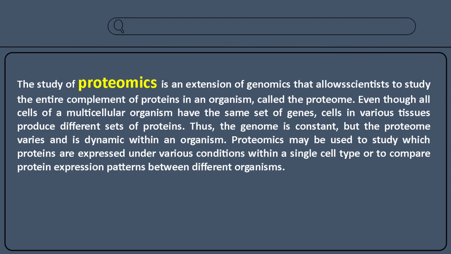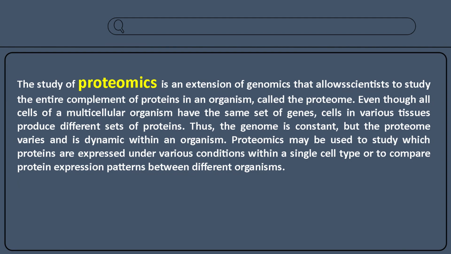It is called proteomics because it involves proteins. This is an extension of genomics that allows scientists to study the entire complement of proteins in an organism, called the proteome. Even though all cells of a multicellular organism have the same set of genes, it relies on a variety of high-throughput techniques, including mass spectrometry, protein microarrays, and protein-protein interaction arrays.